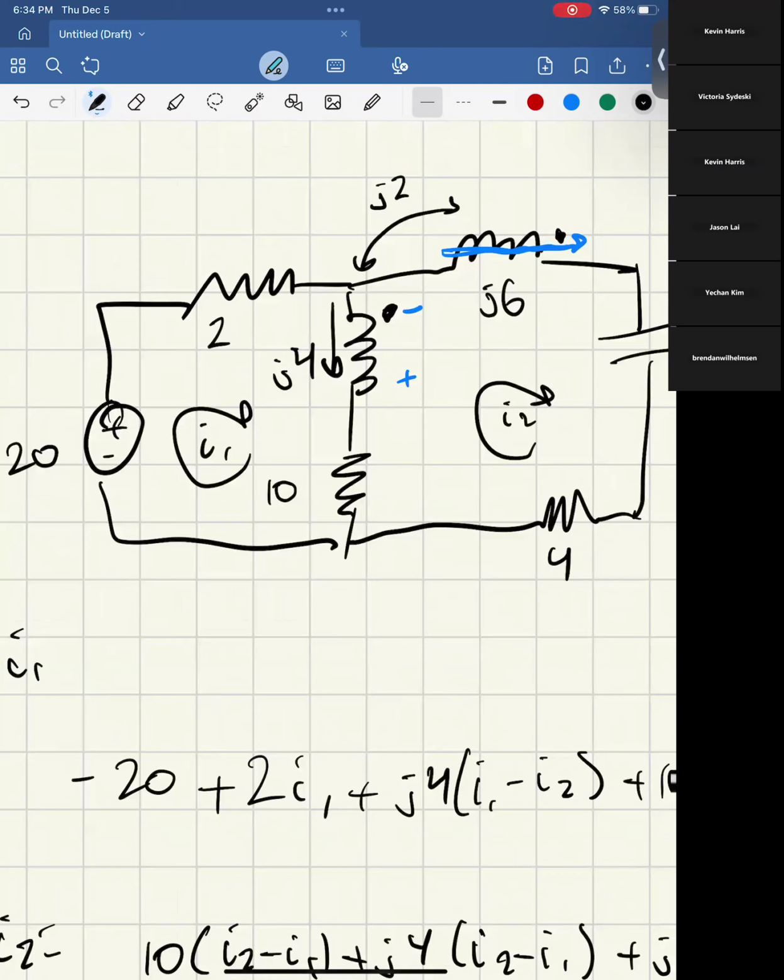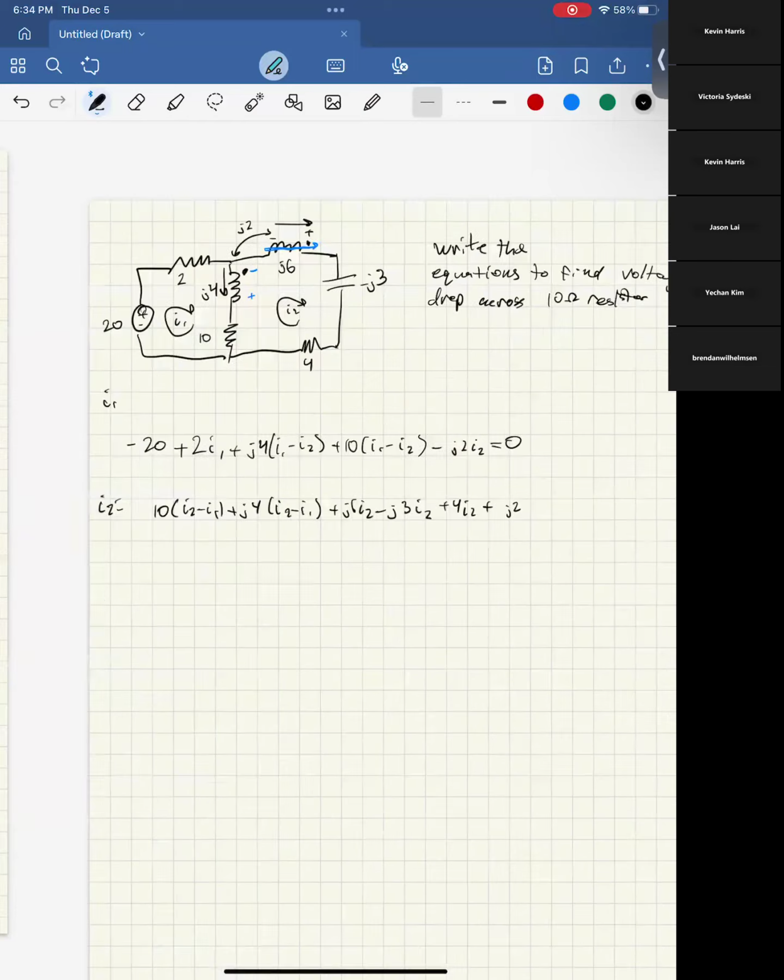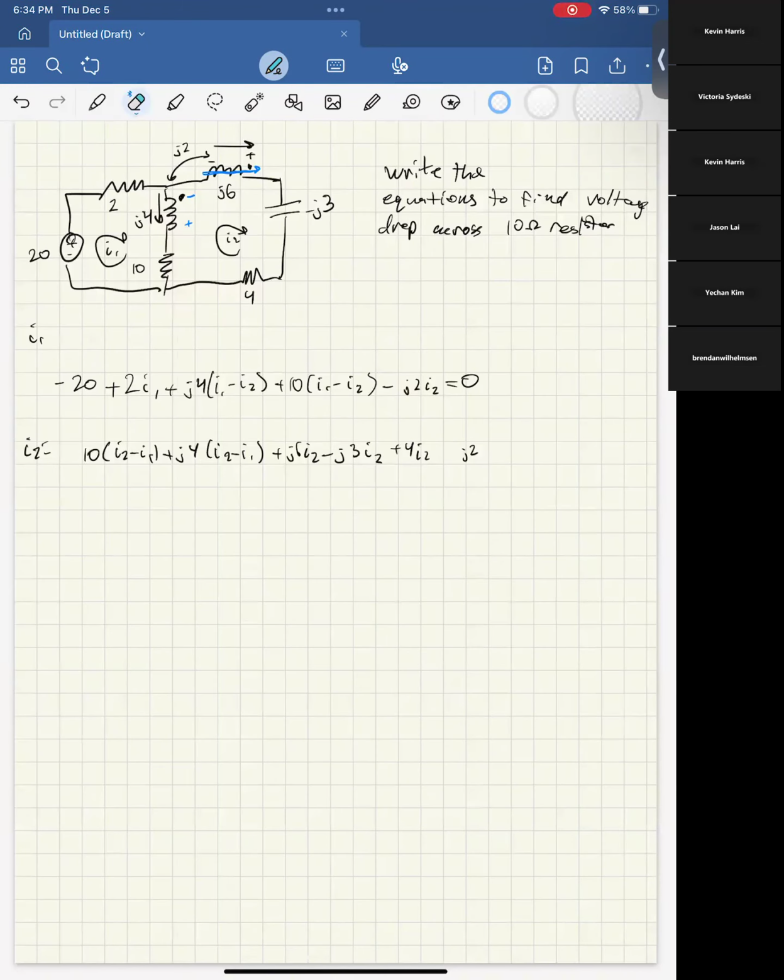And that would induce a positive here and a negative here. And again, this is with the direction of current flow, so this will be negative. So here we have minus J2 (I1 minus I2). And I think that should equal 0.